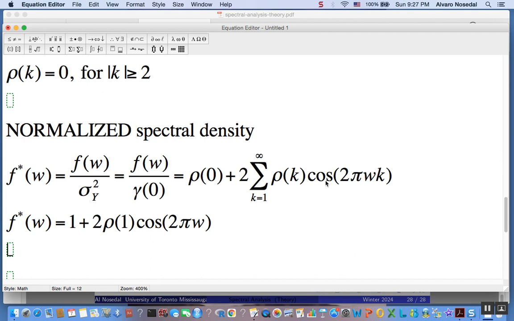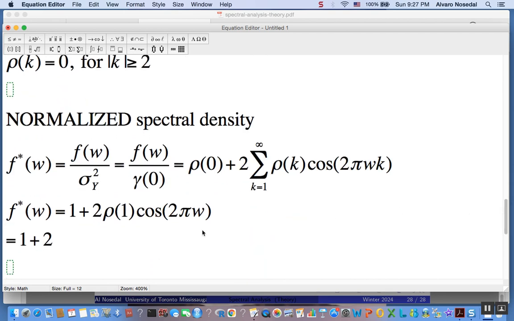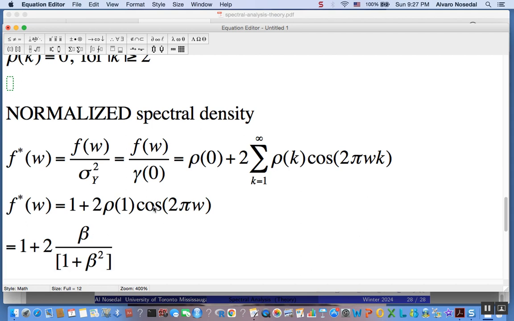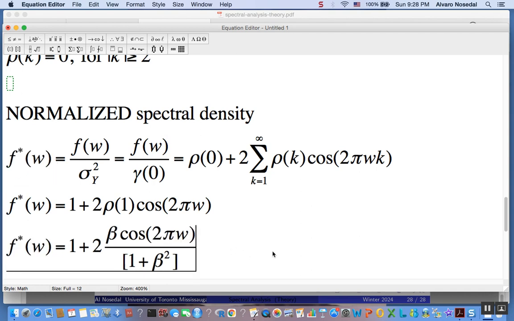So finally, what we end up with here is 1 plus 2 times rho at 1, times cosine of 2 pi w. And that's it. That happens to be the normalized spectral density for a moving average of first order.